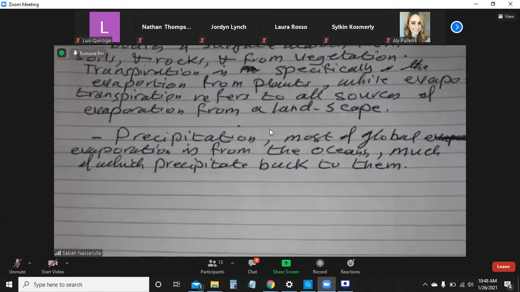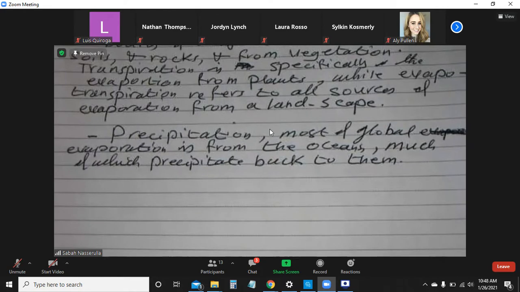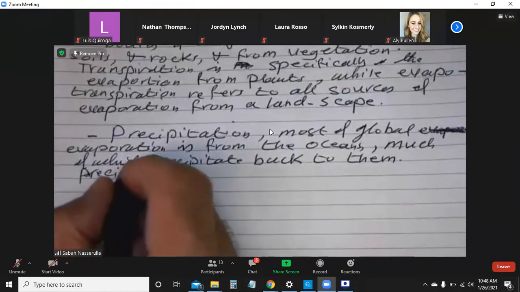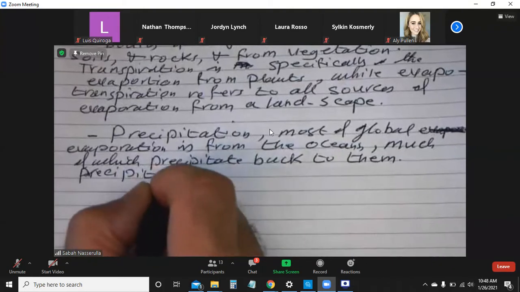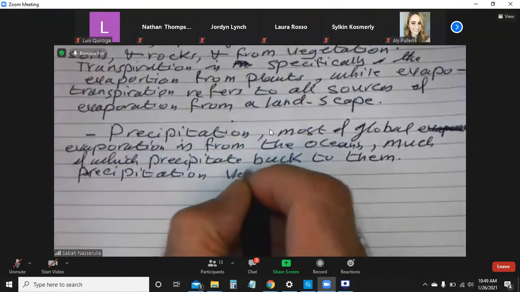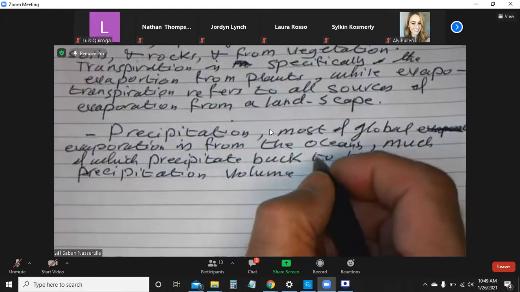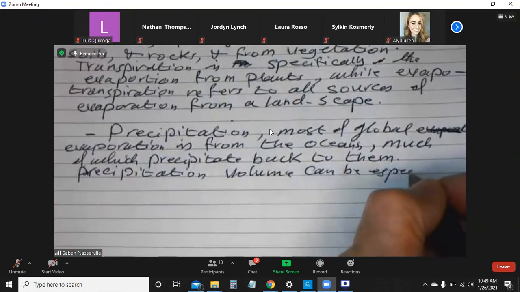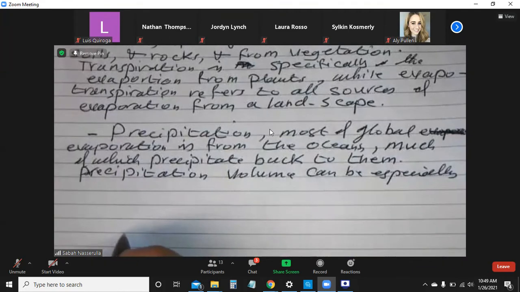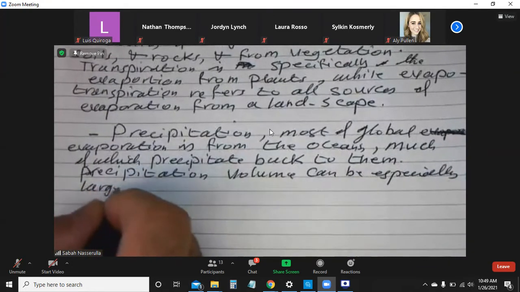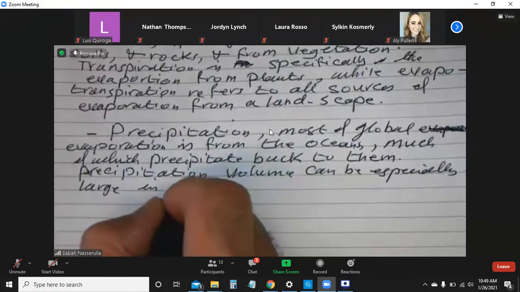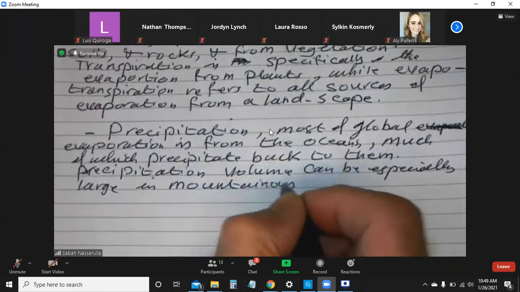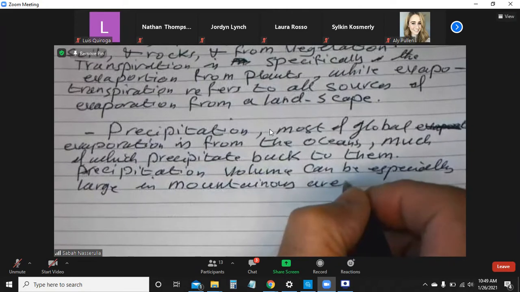Now, the other point I want to mention is that precipitation volume can be especially large in mountainous areas.